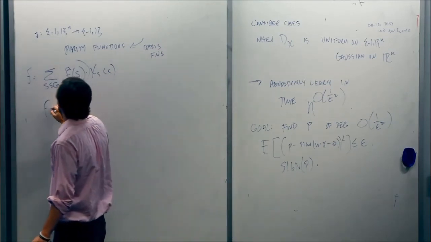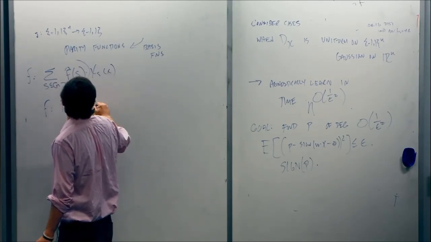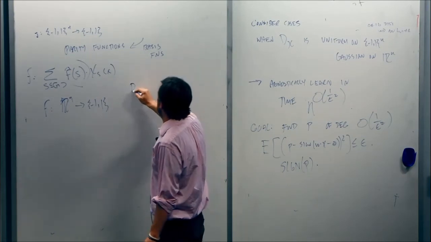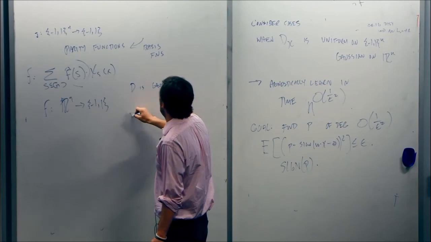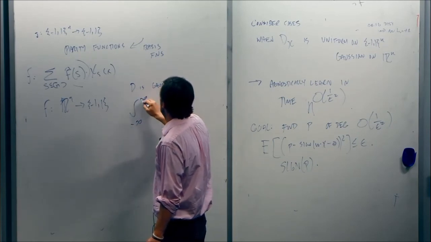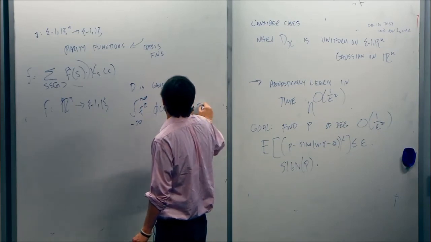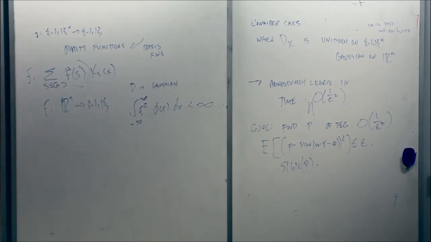Now we're looking at functions from Rn, let's say to -1, 1. And the distribution is Gaussian. And we'll only consider functions that are bounded in this sense. So their square with respect to the Gaussian measure is bounded.